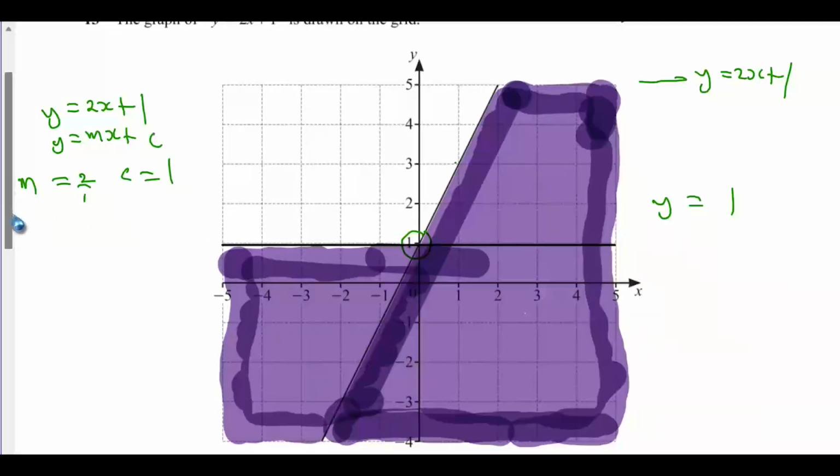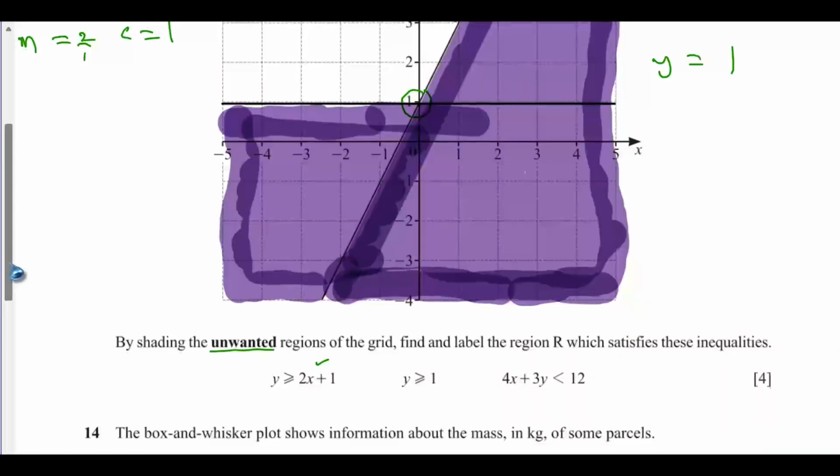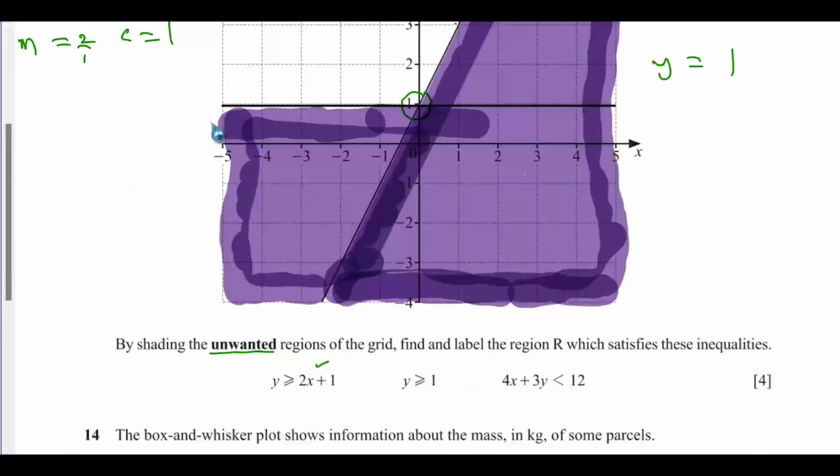So we can now go for the last one, which is 4x plus 3y less than 12. We need to do a little calculation here. We start from 4x plus 3y equals to 12.